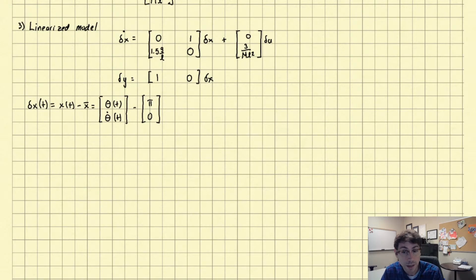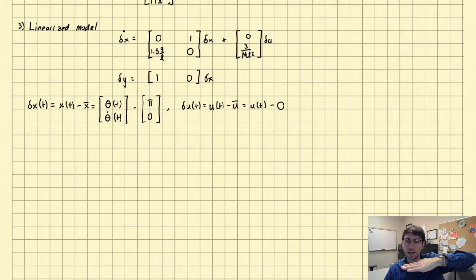So delta x is a measure of how far the pendulum is from being upright and stationary. Similarly, delta u in this case happens to equal just u of t, because at the upright position, there's no applied torque at the equilibrium.